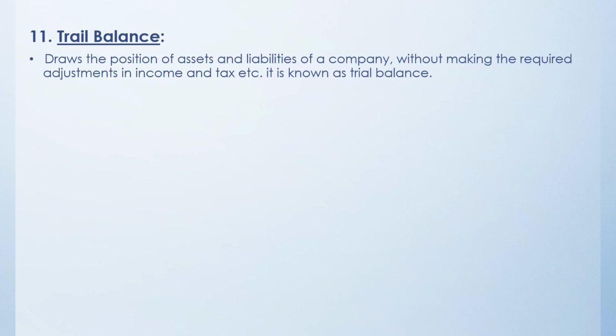When on a particular date, one draws the position of assets and liabilities of a company without making the required adjustments in income and tax, etc., it is known as trial balance. A balance sheet or trial balance can be drawn for a day or rather drawn as on a particular day. Now, profit and loss account.